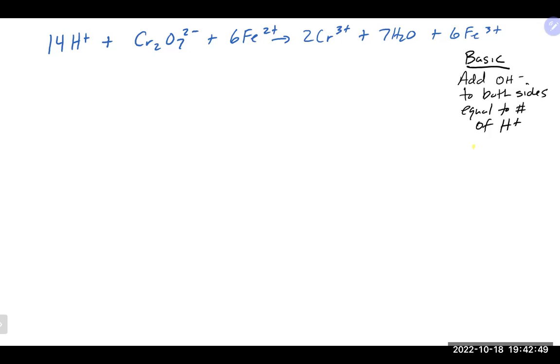So to the left-hand side here, we're going to add 14 OH minuses, and that's because there are 14 H pluses.